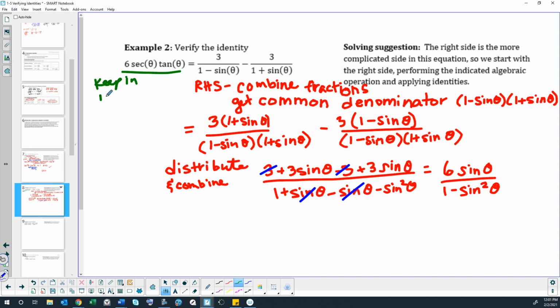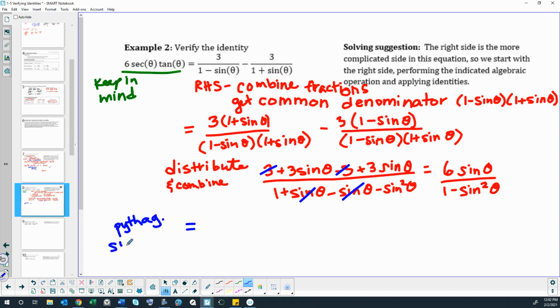Look at what we've got so far. We have a 6. That's good. But right now, all we have is sines, and we need a secant and a tangent. Is changing this to a cosine going to somehow help us get there? Let's see if that will or not. So we're going to do a Pythagorean identity substitution.